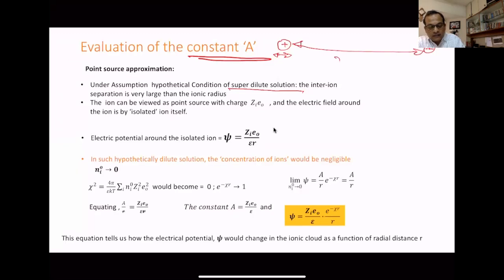So r is very large compared to a, where a is maybe the radius of the ion.